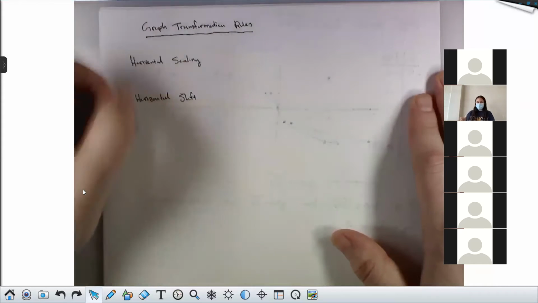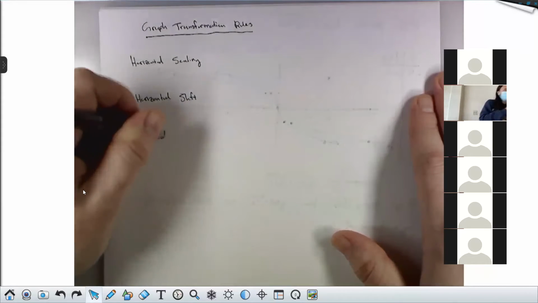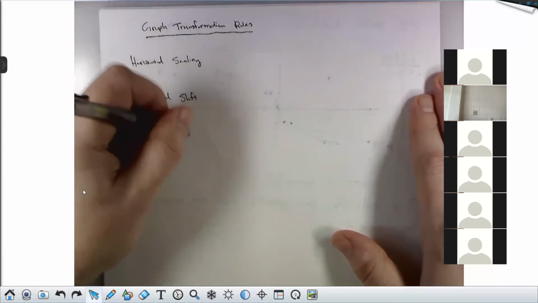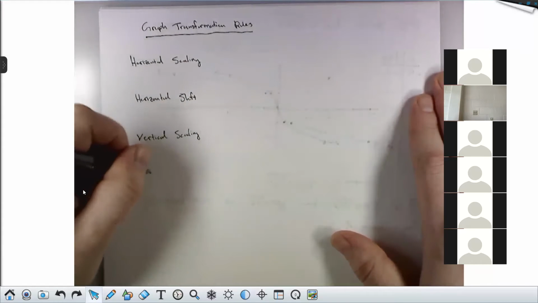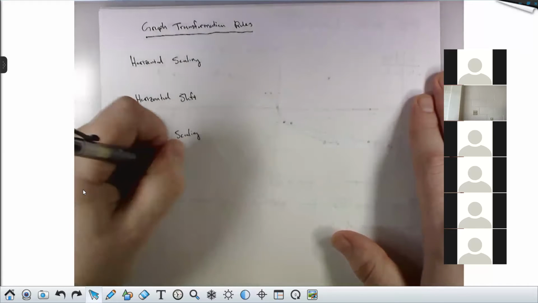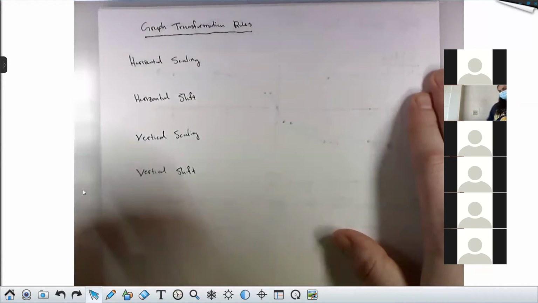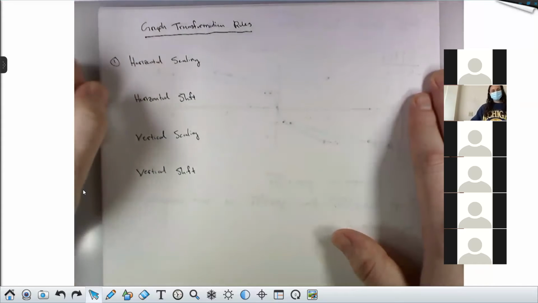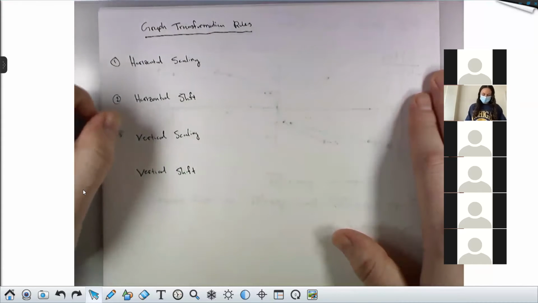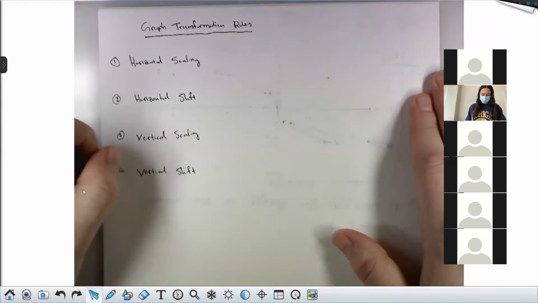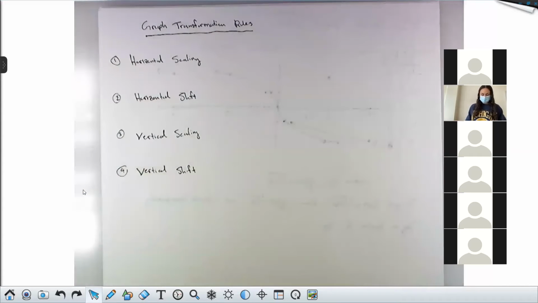Then we have vertical scalings and vertical shifts. And you want to do them in this order, right? Look for horizontal scalings. If you don't have any, look for horizontal shifts. If you don't have any, look for vertical scalings. If you don't have any, look for vertical shifts. And if you have more than one of these, you need to do them in this order.